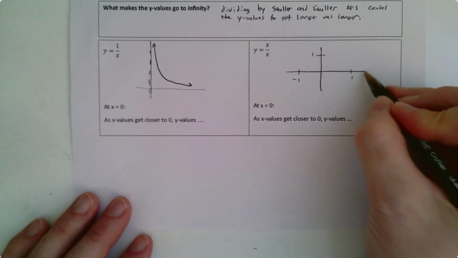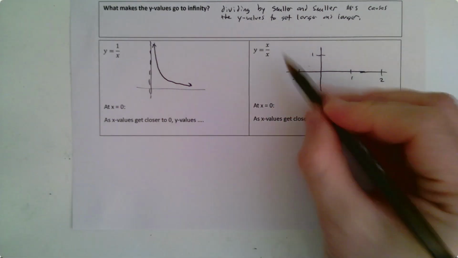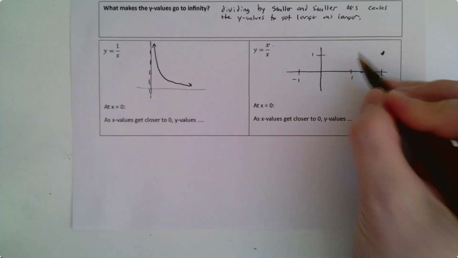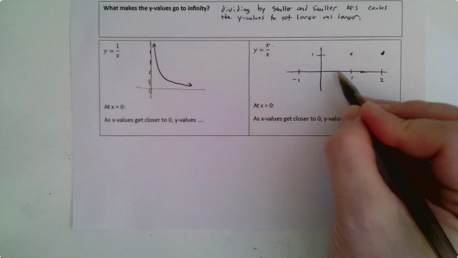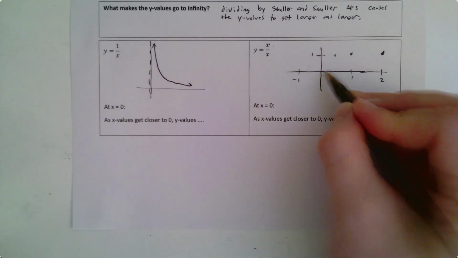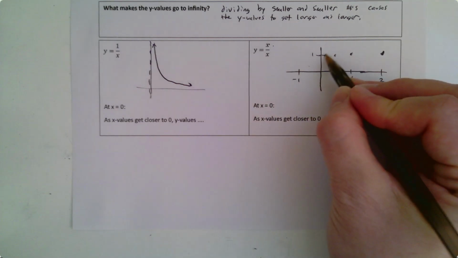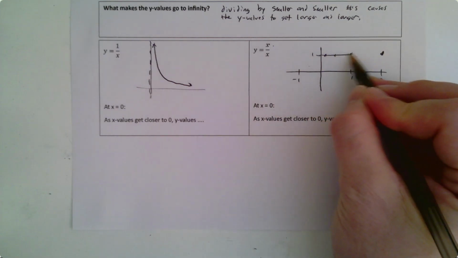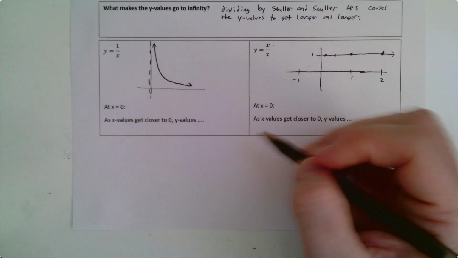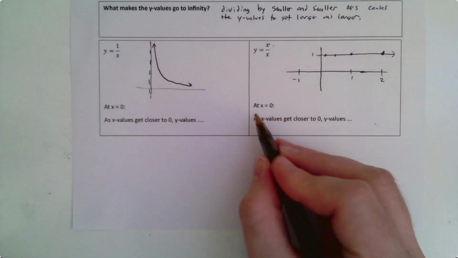So let's think. If x is 2, I'll have 2 over 2, which is 1. If x is 1, I have 1 over 1, which is 1. If x is a half, I have half over half, which is 1. If x is 1,000th, I have 1,000th over 1,000th, which is 1. So it might seem like this graph is actually just a horizontal line at y equals 1, except at x equals 0.